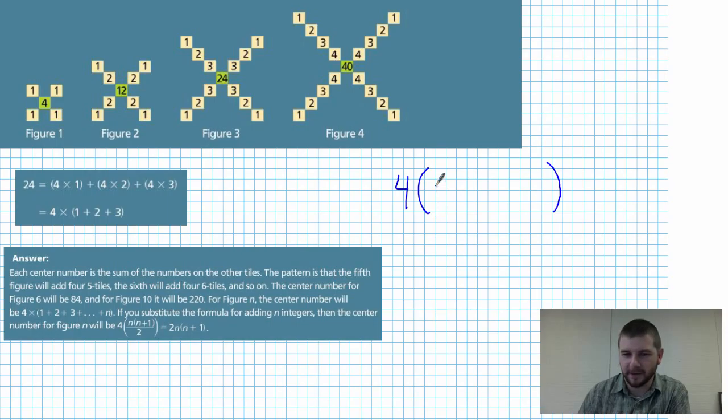And those tiles will be represented by a 1, a 2, a 3, etc., until finally reaching whatever number we've chosen for n. Now notice the sum within the parentheses can be rewritten as the average of all of those individual values times the number of values there.